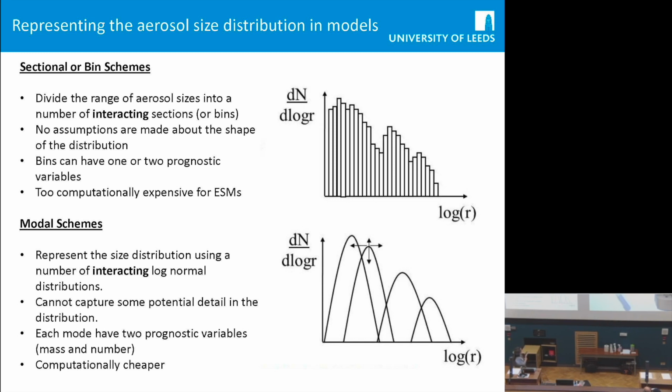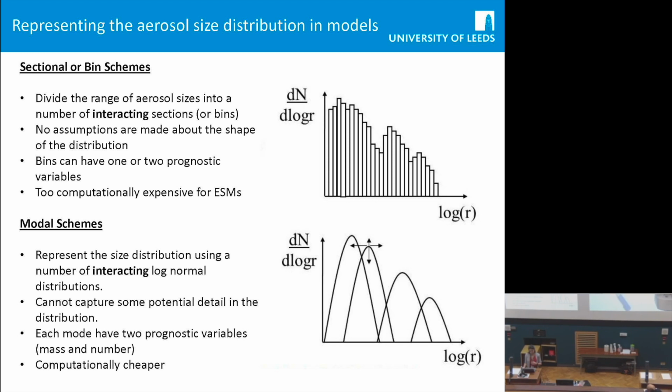The arrows here indicate that the size of these modes and their position within the size distribution can shift, so it's interactive as the model run is evolving. It can capture quite a lot of the detail in the aerosol size distribution, but you can see that it's never going to capture all of the detail that you might get in a more precise sectional scheme.